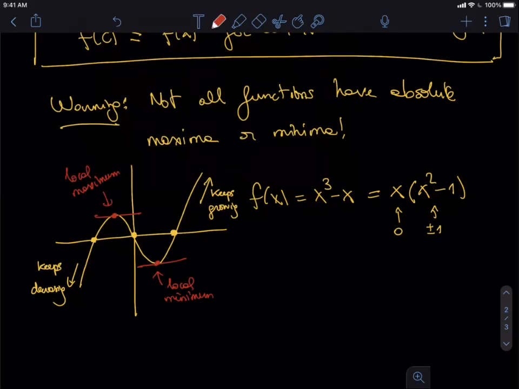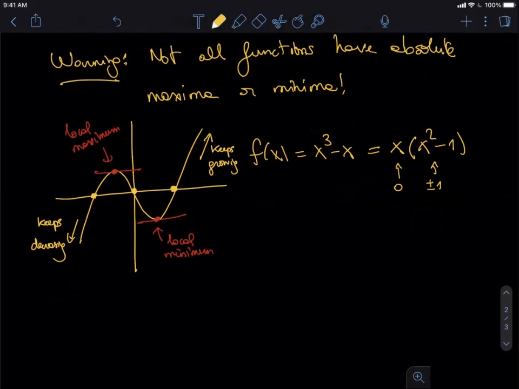Okay, and they are a local maximum and minimum because the points around them, even if we go quite far, are smaller than the value at that point. All right, so now something that we would like to know is how can we find those points where the maximum and the minimum are attained, and what are the values of these local maximum and minimum. We will see that in a moment.